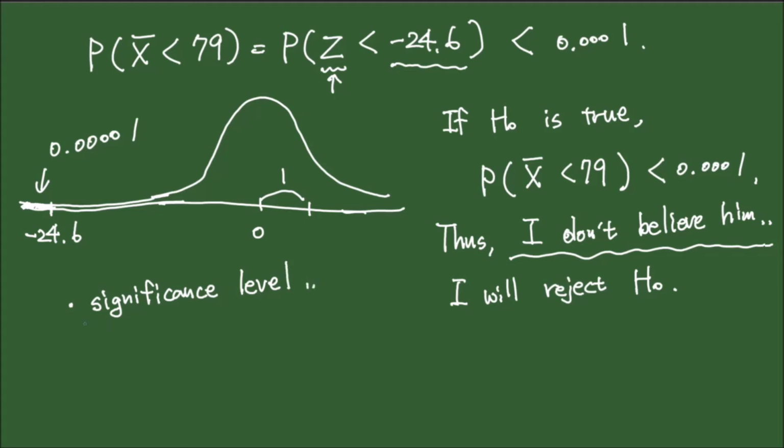You can think of the significance level as a threshold for your p-value. So let's say I want to do 0.05 significance level testing.